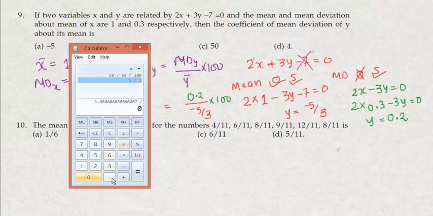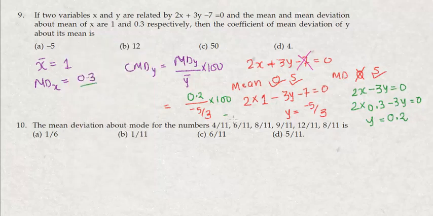Divide it by 0.2 to find out the reciprocal of that, and into 100. So your answer is actually minus 12. But just remember, I have already told you that the answer of dispersion can never be in negative terms. So we will again forget about this minus sign, and our answer here is 12. So the answer is B.